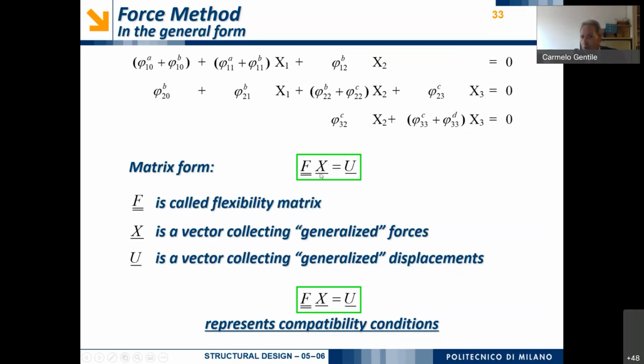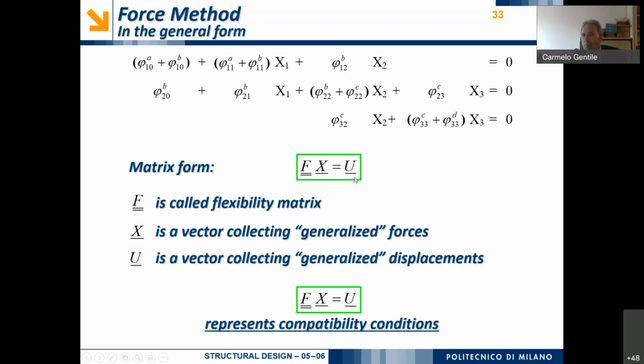Afterwards, the vector x in our case contains redundant bending moments. In the general case, that vector can collect redundant forces, so it is called the vector of the generalized forces.